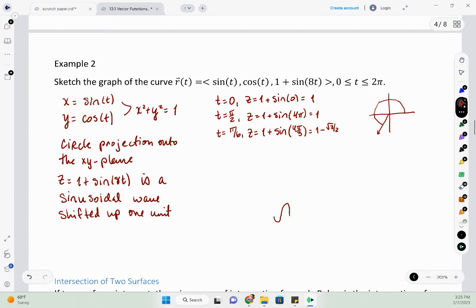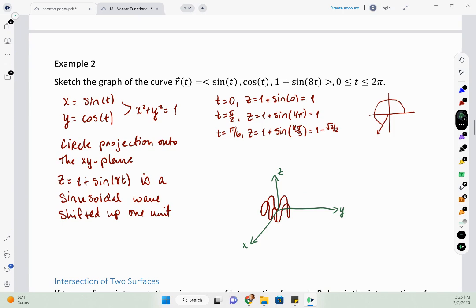So we get something like that. And then I put my XYZ octant on there. That's about as good as I can do. It's like a bracelet. That's what it always makes me think of. It's like a bracelet that is very curvy.